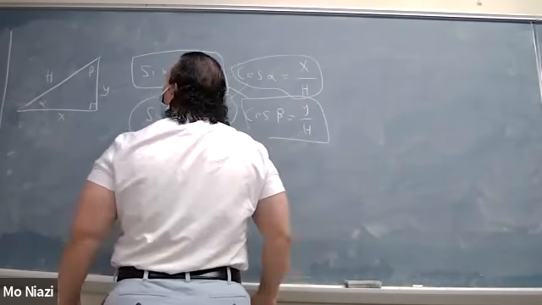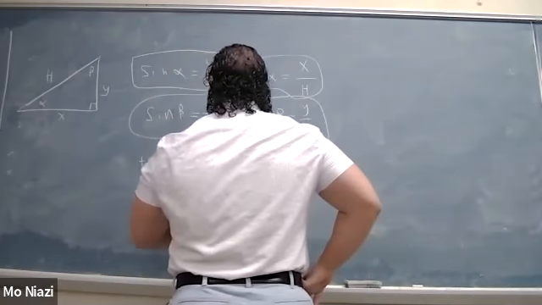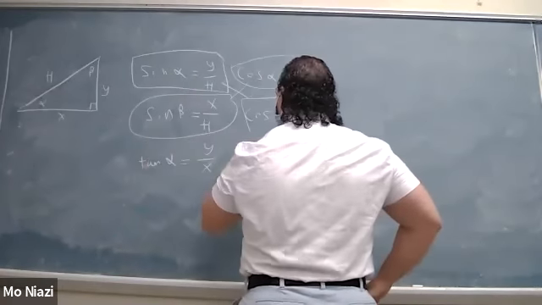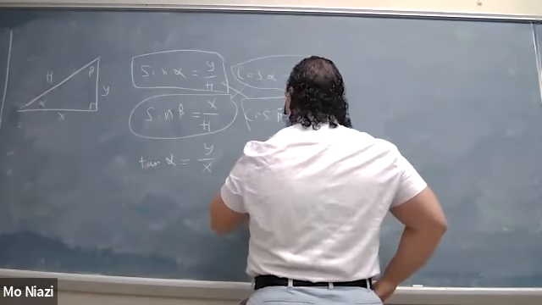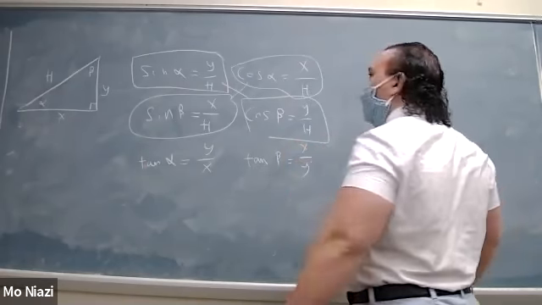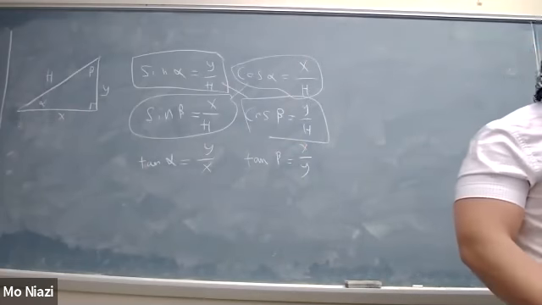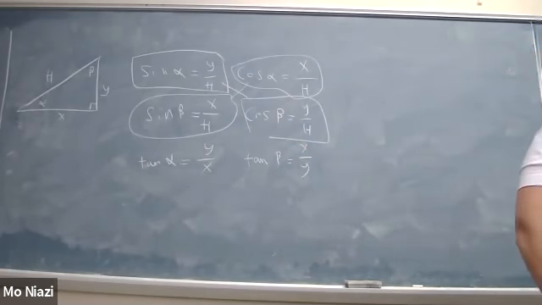What's this equal to? Y over x. What's tangent of beta? Okay. So now you get that.